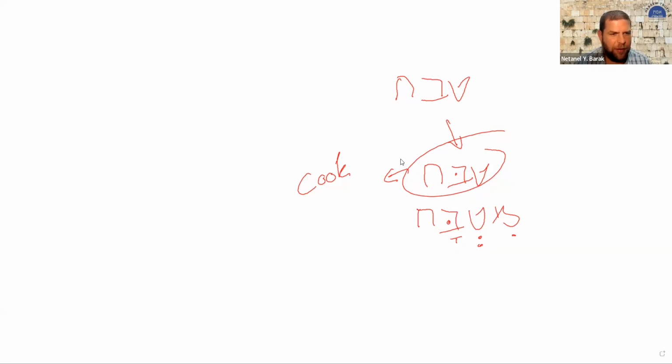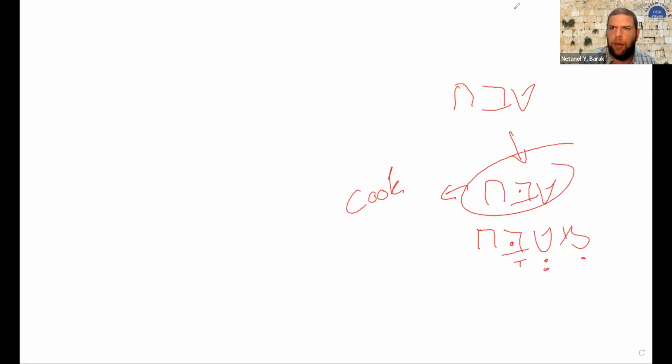He wasn't just a cook for the king, but the head of the guard, the head of the royal slaughterers. Let me write it. Nebuzaradan is obviously a Babylonian name. You can see the Nevu at the beginning, which is part of the deity named Nabu, the god of wisdom, as in Nebuchadnezzar. Same Nabu there.